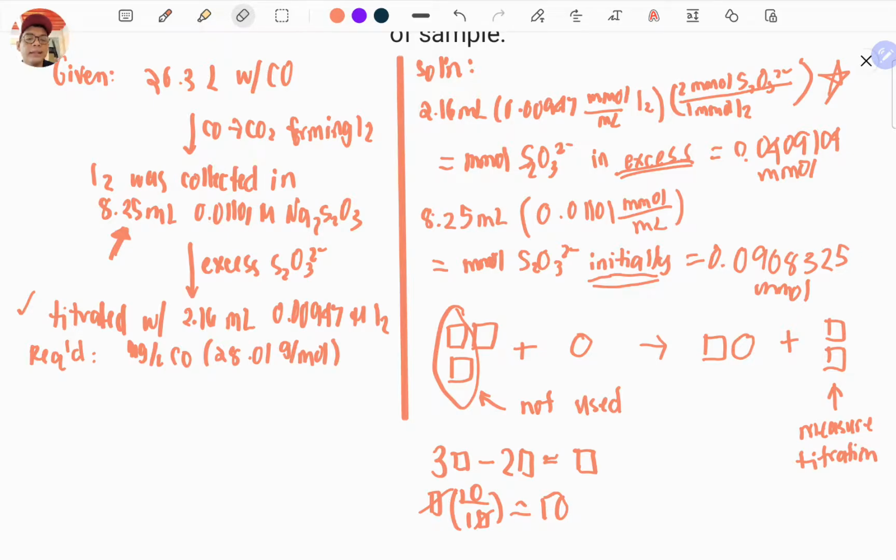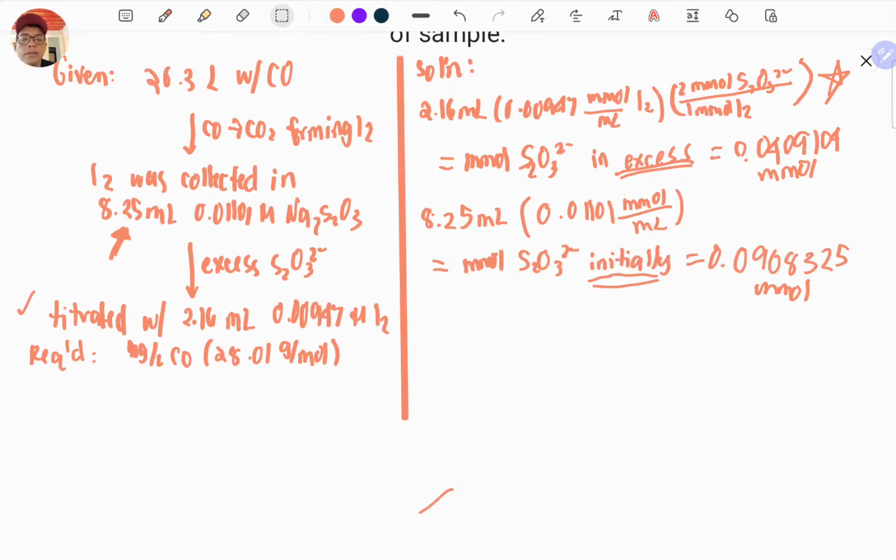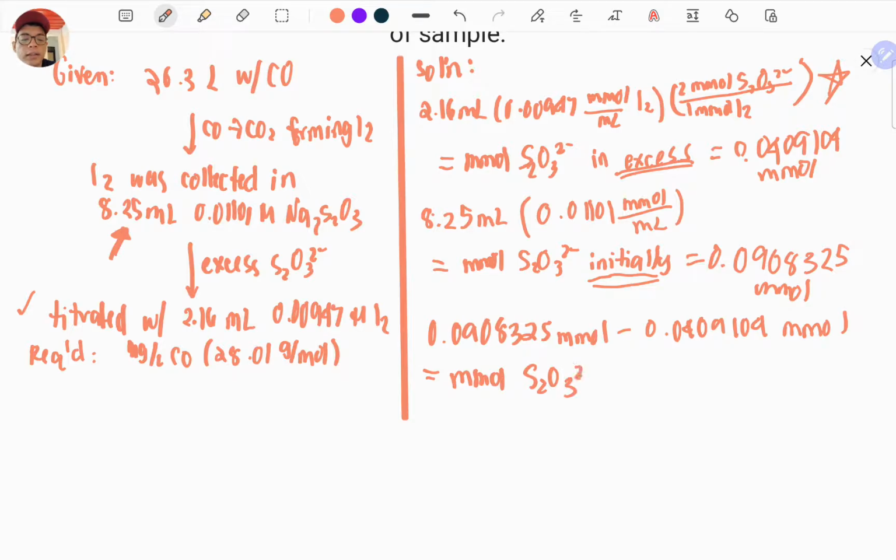Again, if I take my initial amount of reagent, subtract the excess amount, I get the amount that was made to react with my chemical. So, if I have 0.0908325 millimole minus 0.0409104 millimole, this is the millimole of thiosulfate that reacted with iodine.